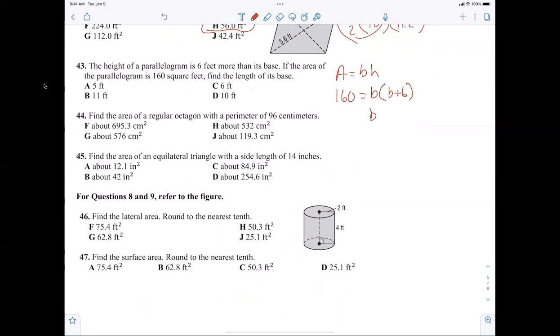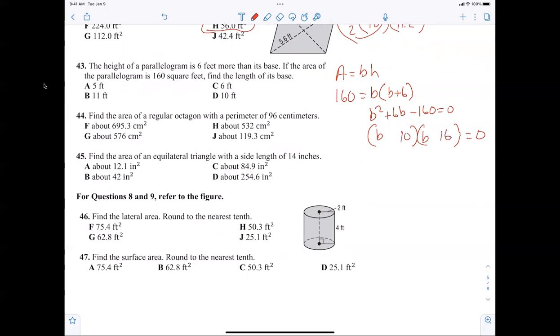And so now we have b squared plus 6b minus 160 equals 0. And then that factors. What does that factor to, guys? 10 and 16, correct? Thank you very much.